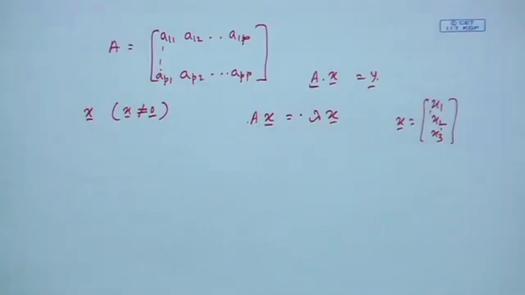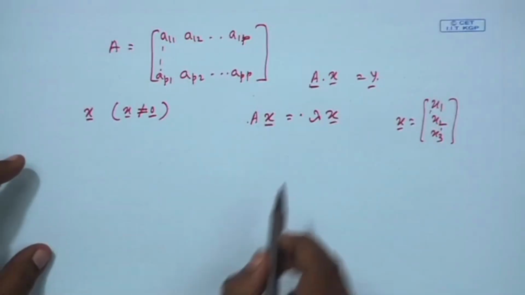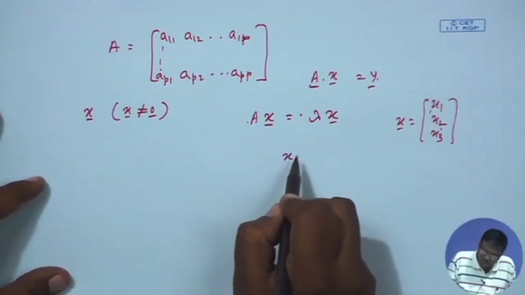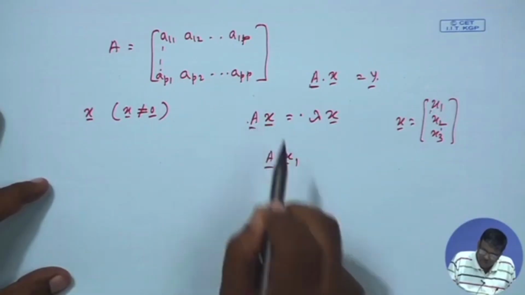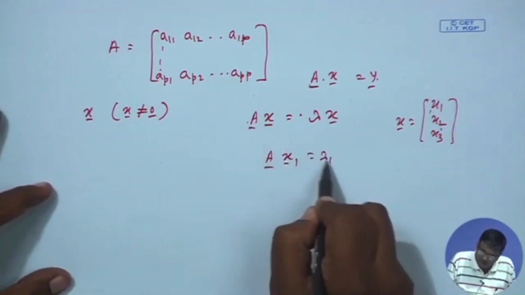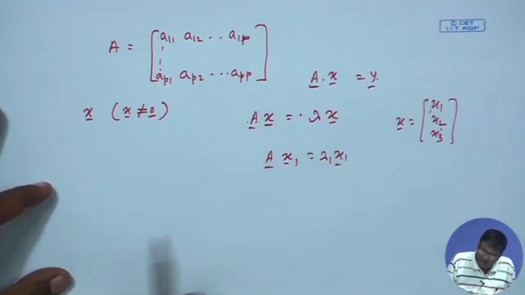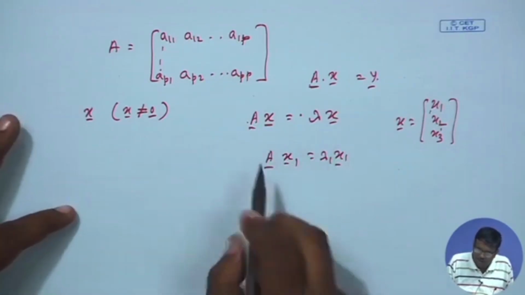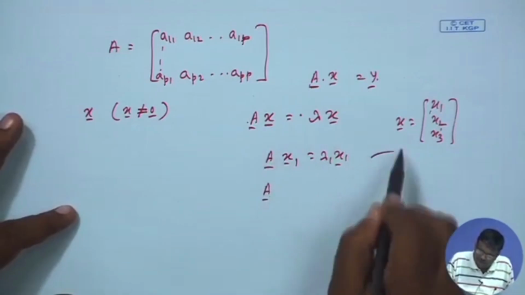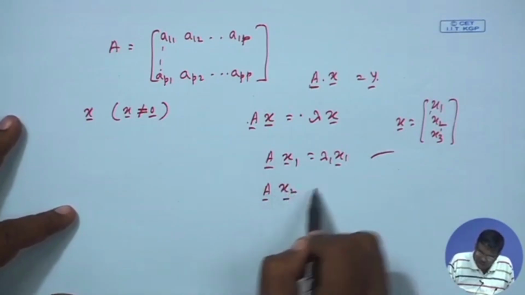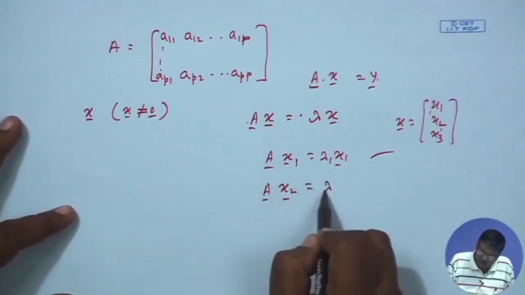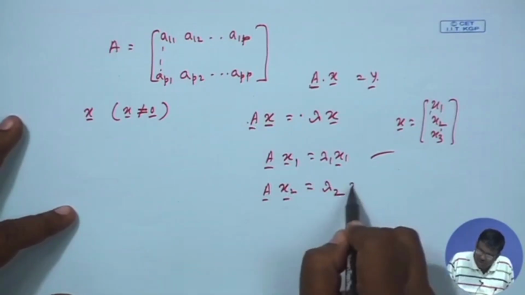Okay. Why this is important is because suppose I give you one eigenvector x1 and it has eigenvalue lambda 1. So, this is satisfied. What is lambda 1 you know, what is x1 you know. Another x2, there is also another eigenvector with A x2 equal to lambda 2 times x2.